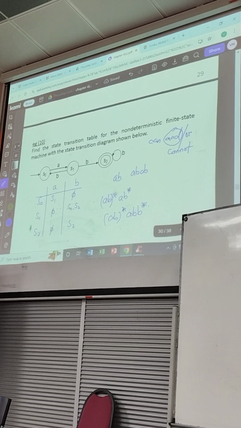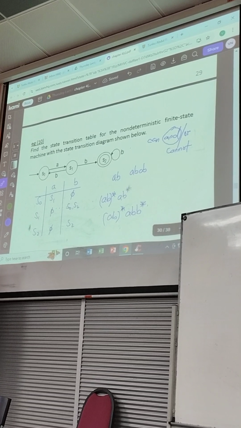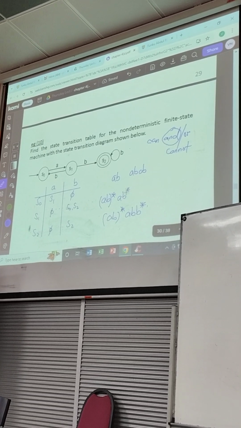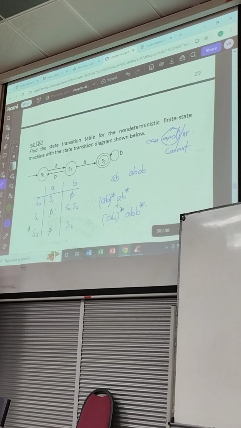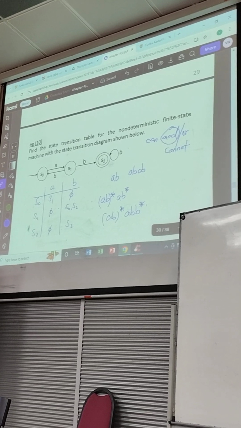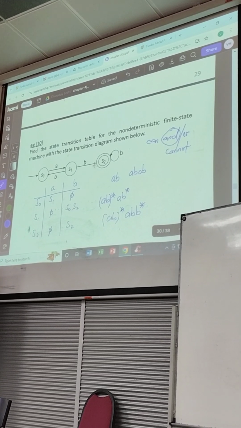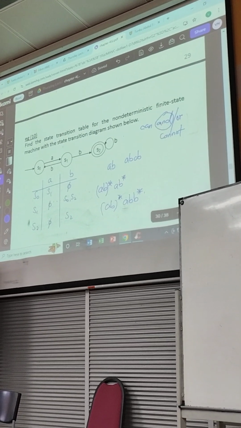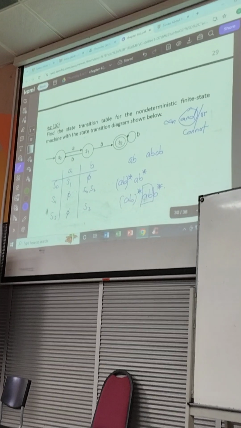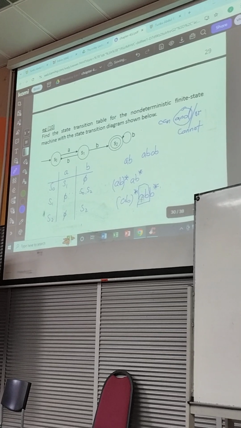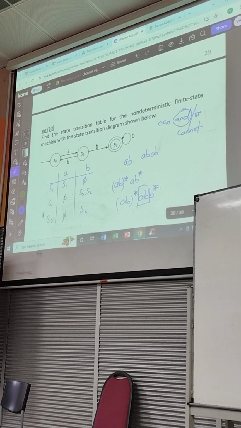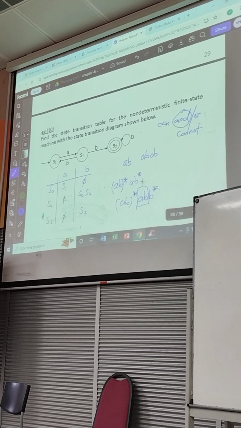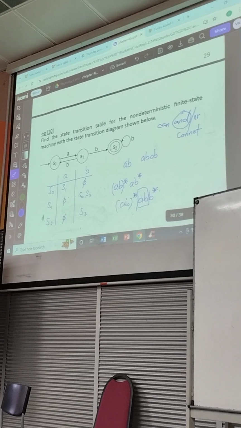Yes, because this is a loop, isn't it? If the asterisk is 0, then I only have A. But for this diagram, the shortest string we have must be A and B. So you must have this in your string. No loop for that. So you must have one AB at least to go to the acceptance state.